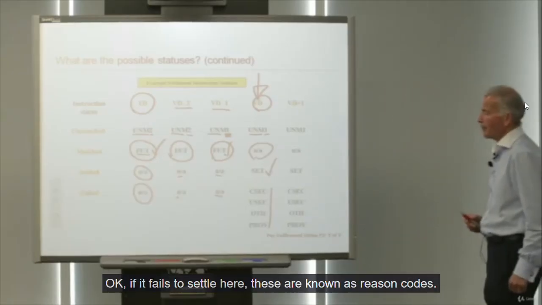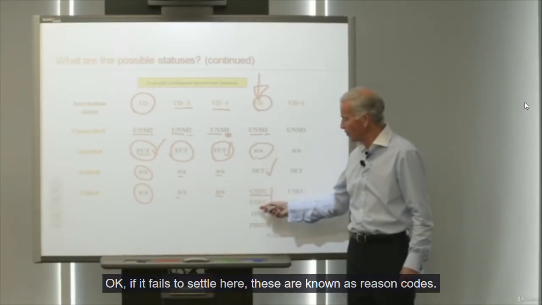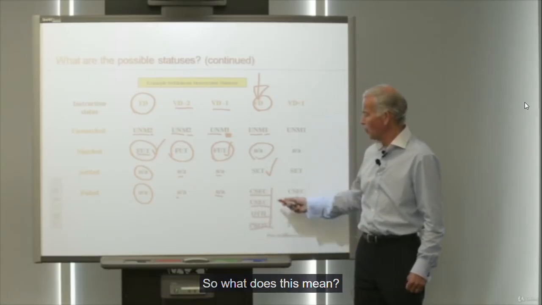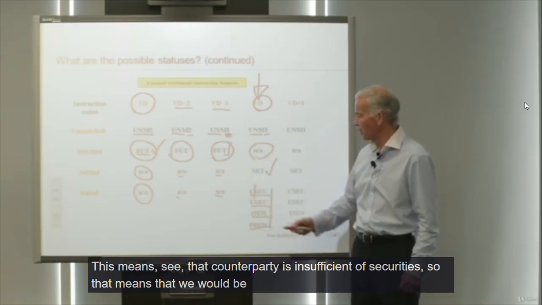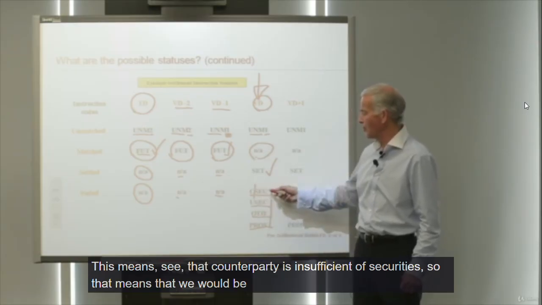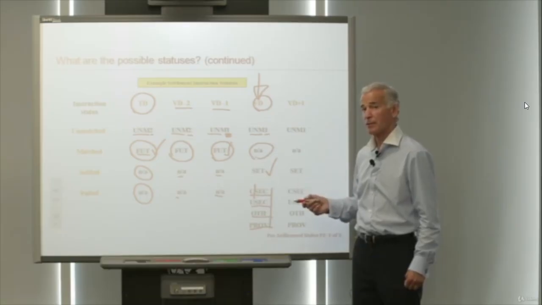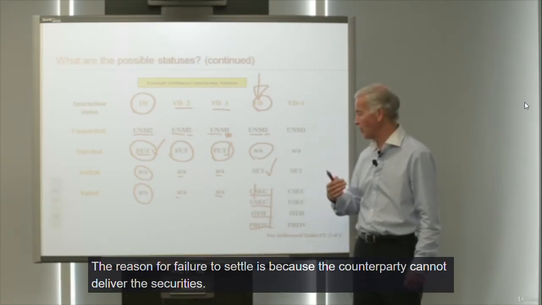Okay, if it fails to settle, these are known as reason codes. So what does CSEC mean? This means that C, that's counterparty, is insufficient of securities. So that means that we would be buying. The reason for failure to settle is because the counterparty cannot deliver the securities.